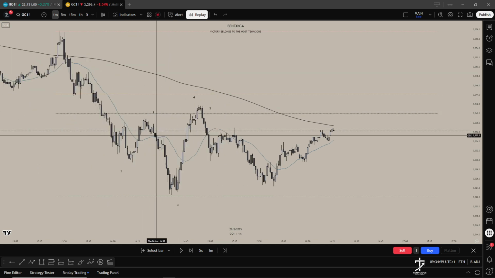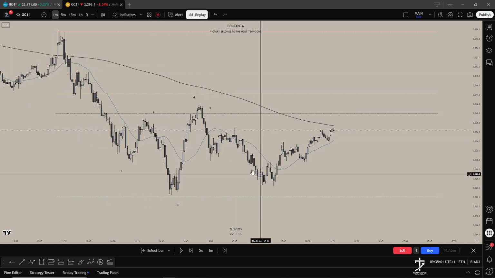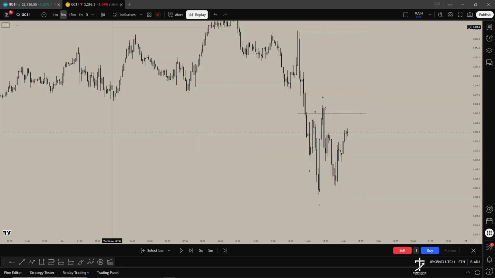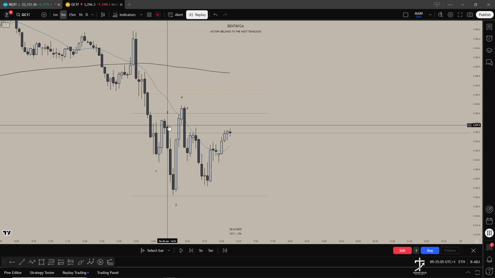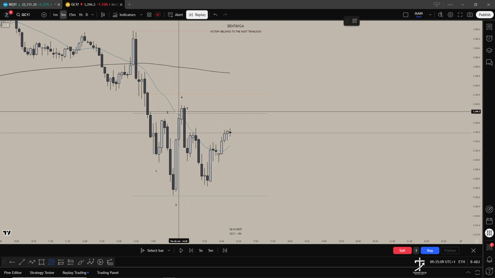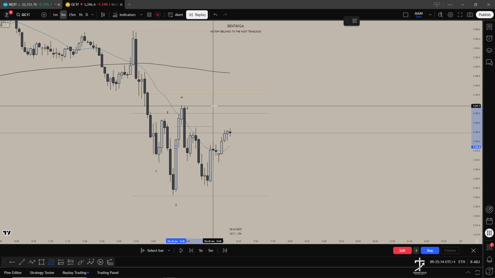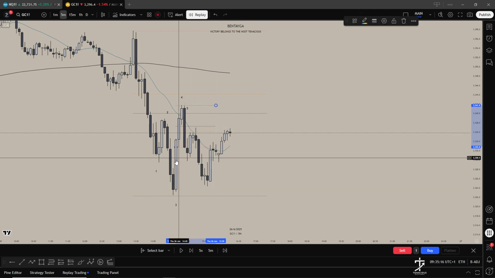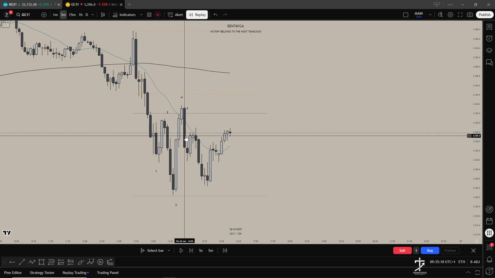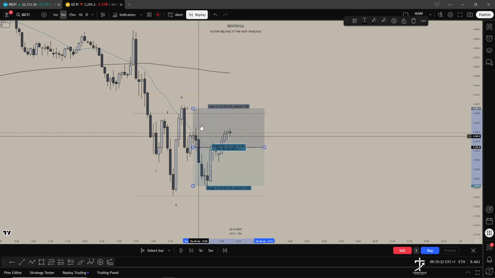In terms of entry, it'd probably be quite hard to get yourself an entry. Maybe 5 minute might be a little bit easier, but you don't really get anything that's great, to be fair. I mean, you could always do that, and that means your CSS is from here.